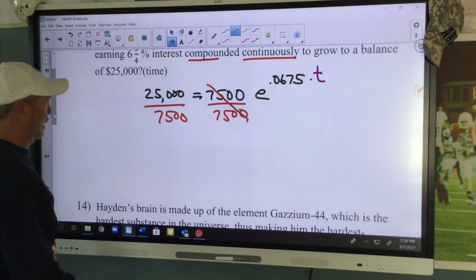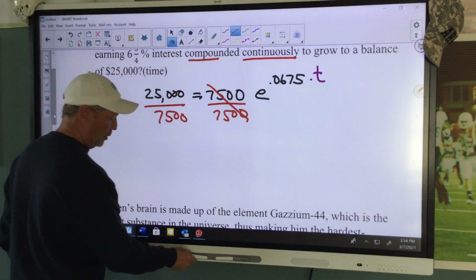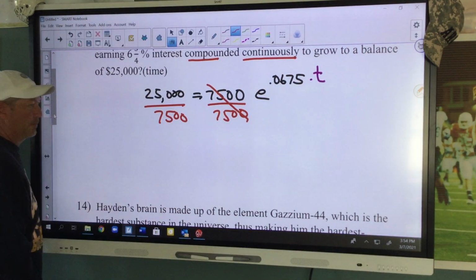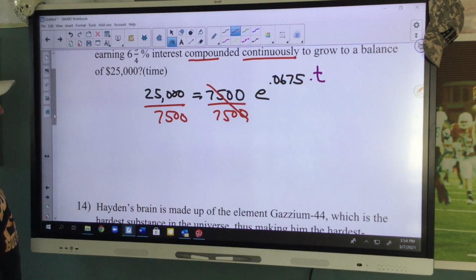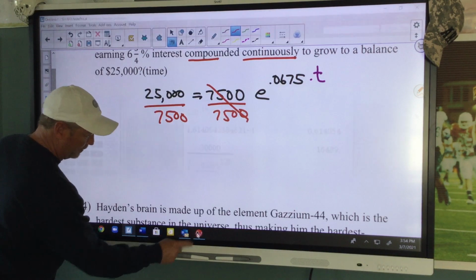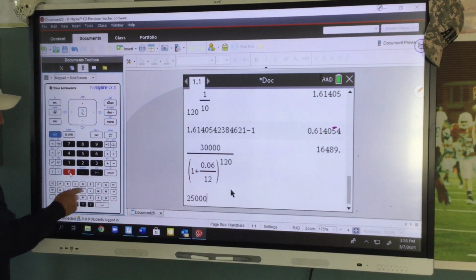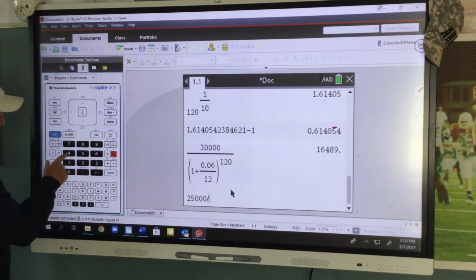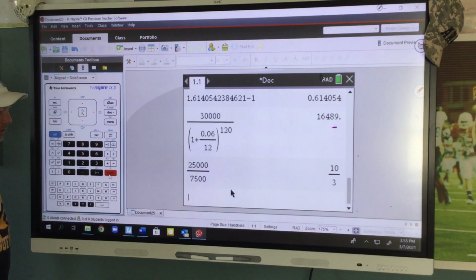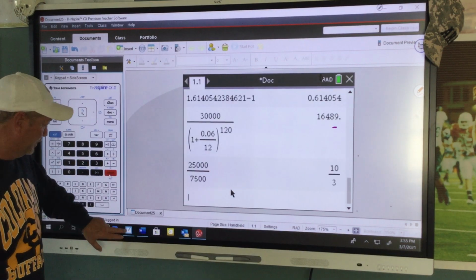Bring this down. Let's go ahead and put that on our calculator to give you an accurate number. 25,000 divided by 7,500. Enter. And that's going to give us 10 over 3.